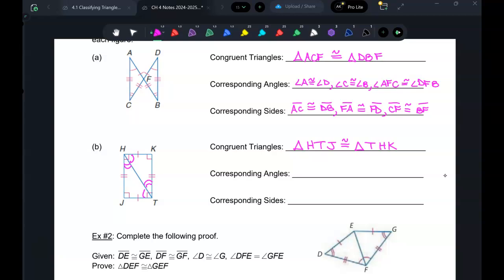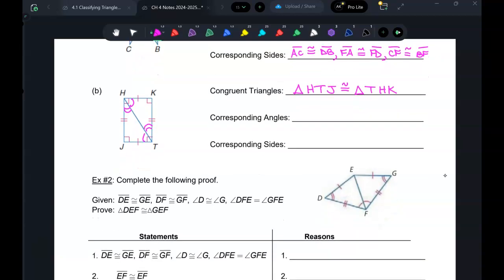HJT and TKH is fine. Why are H and T switched? Because it's flipped upside down. If you were to cut out this triangle and this one and you want them to match, you'd have to flip one upside down.